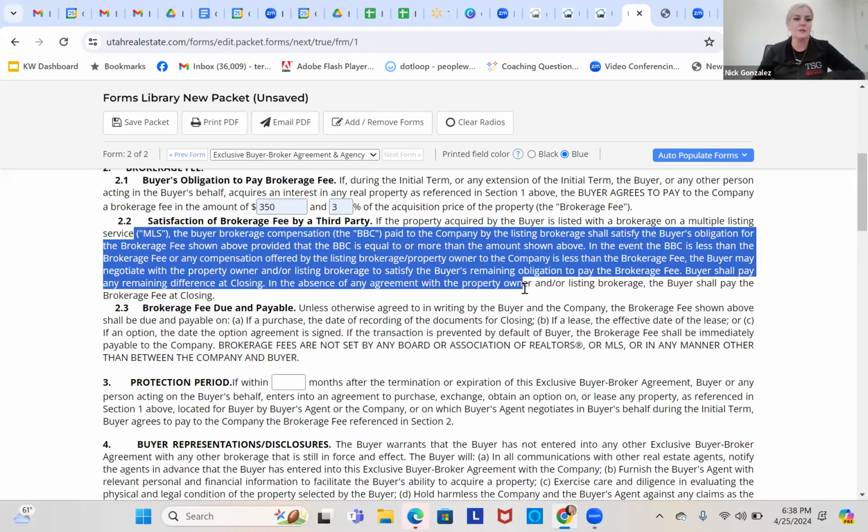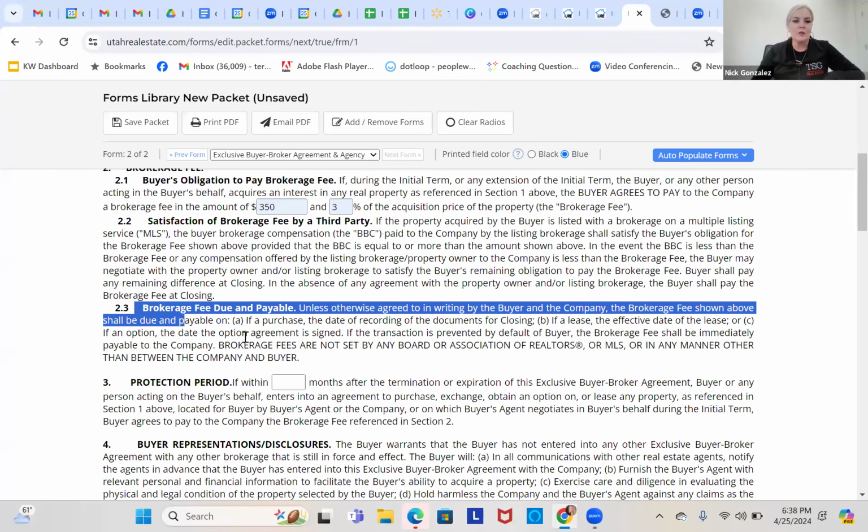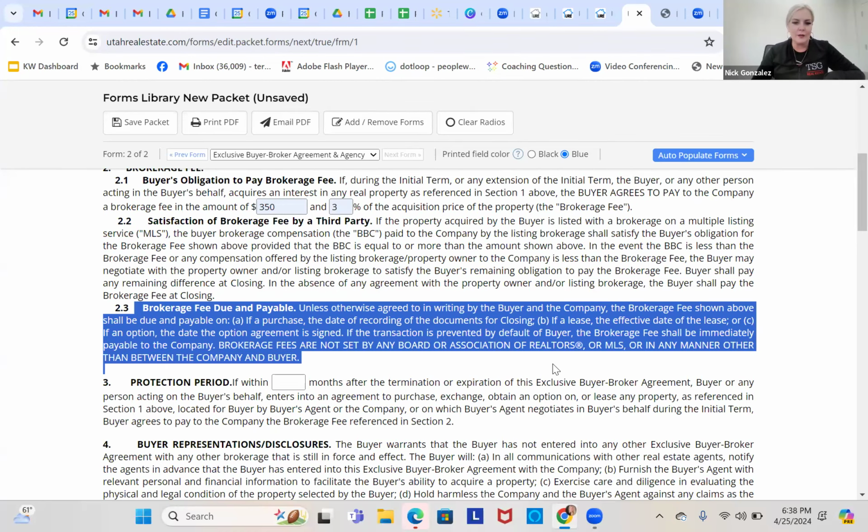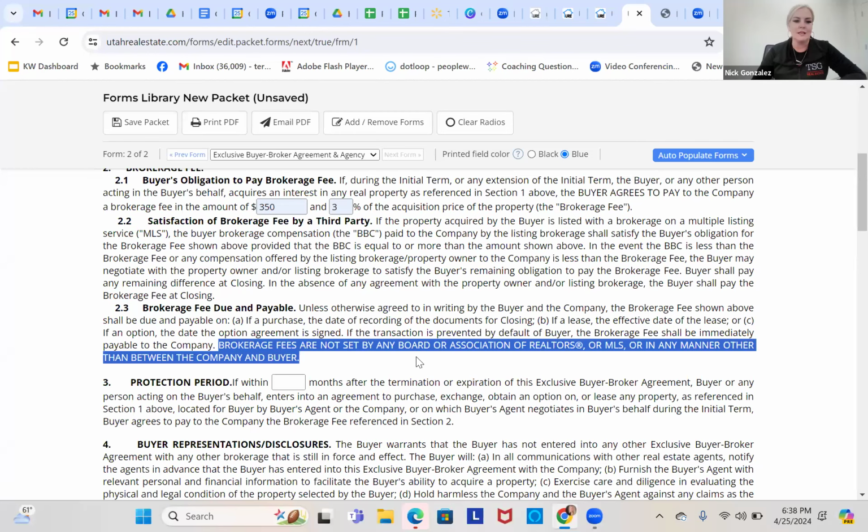They are responsible to pay it. So this basically goes into how they're going to pay it, what would cause them to have to pay it. And then you can see here, it also says in all capitals that it is negotiable and that it's not set by the Board of Realtors. This is between the buyer, the seller, and the company.